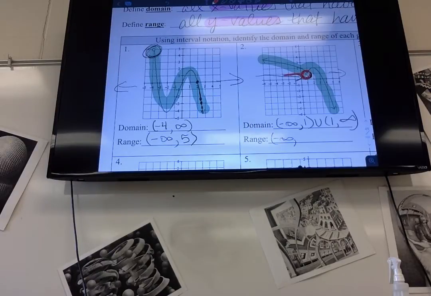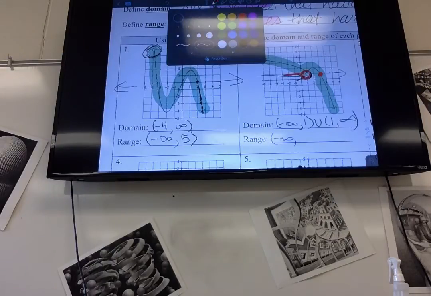Do I have any other points where y is 1? Yes, I sure do right here. So I don't have to worry about that hole for the range because 1 is covered. So I don't have to stop at 1. Now I keep going up. I don't have any other holes. It's got an arrow, so how far up does it go? Forever. To infinity. Good.